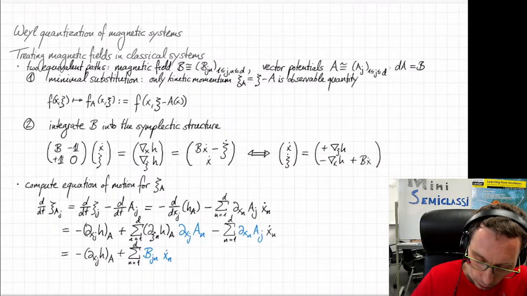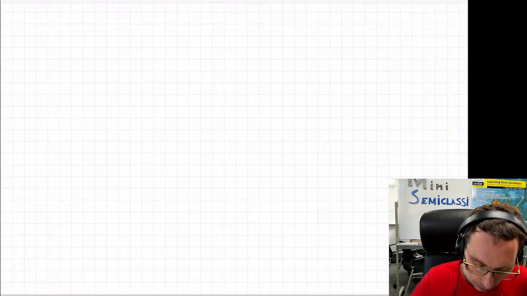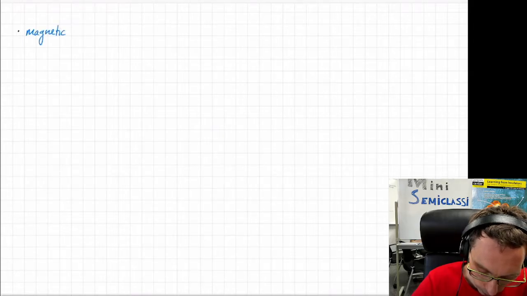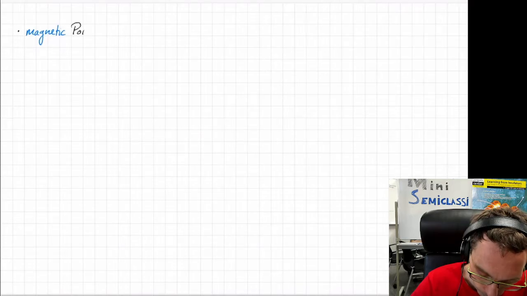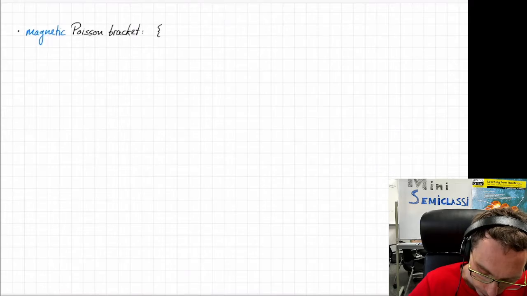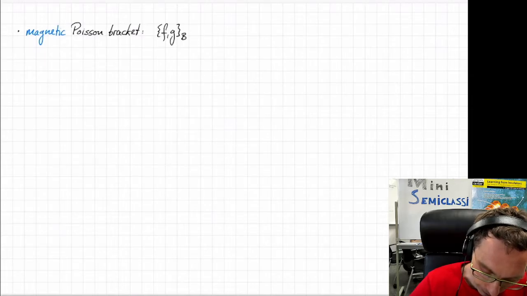Let me also add something about the Poisson bracket, because the Poisson bracket tells you something about the nature of observables. So in the presence of the magnetic field, you have a magnetic Poisson bracket. And if you think about it a little bit, the magnetic Poisson bracket of F and G, so here I'm adding a B to indicate that's the magnetic Poisson bracket. That's just the usual Poisson bracket.